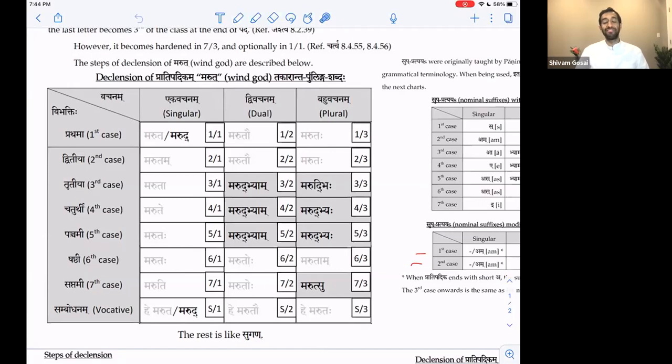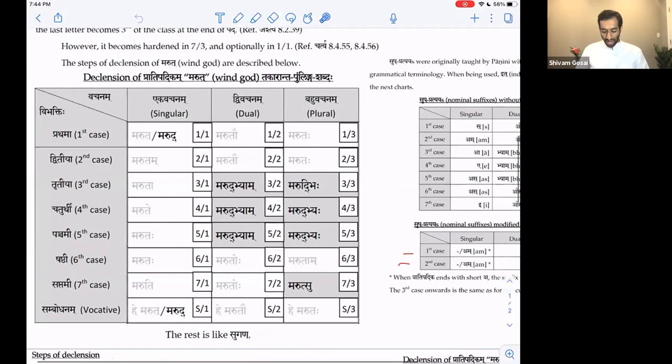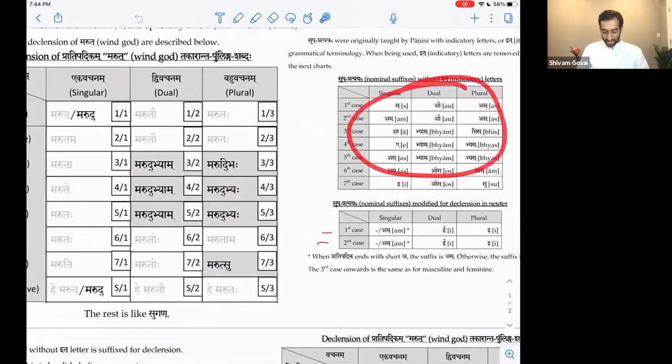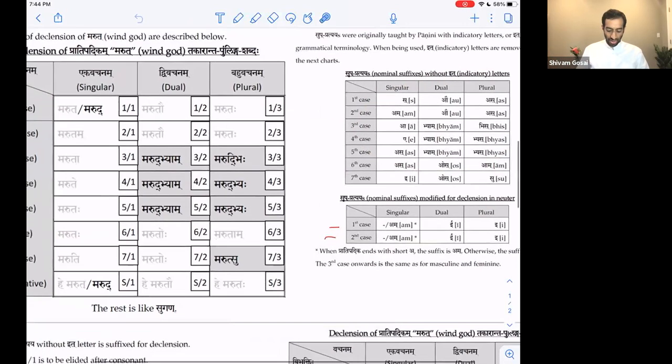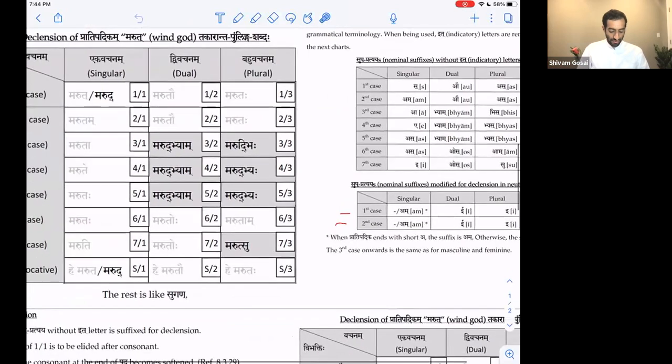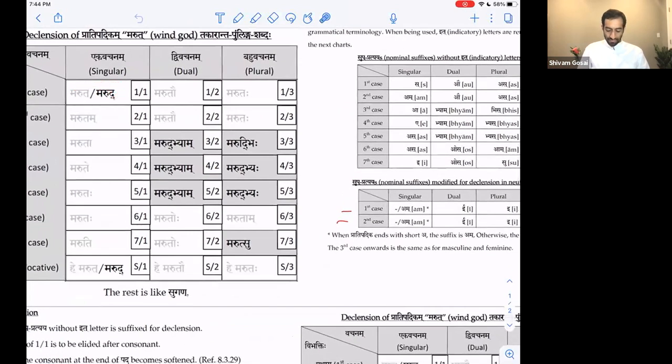This is a takaranta pullinga shabda, a masculine word ending in t. It's going to decline very similarly to sugan, meaning we take marut and add these sup pratyayas, except there's some sandhi that takes place, which we'll see. But first, let's just look at the chart, without worrying about the sandhi. First we have marut, marud.